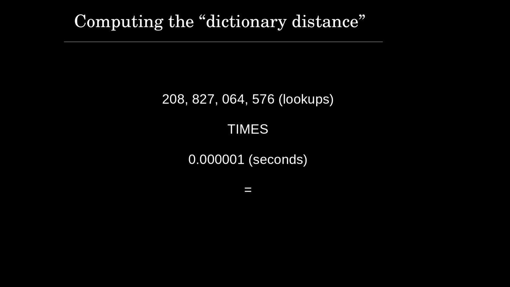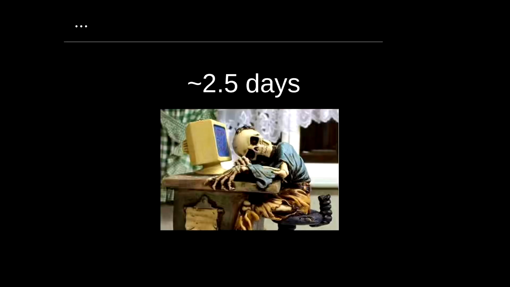So we take the number of lookups, and we multiply it by the number of seconds that we can expect one lookup to take. And now we reach the conclusion that in order to get our answer for how close to the dictionary the input is, one input, one domain name, we're going to have to simply plug it into the algorithm and sit and wait for 2.5 days.